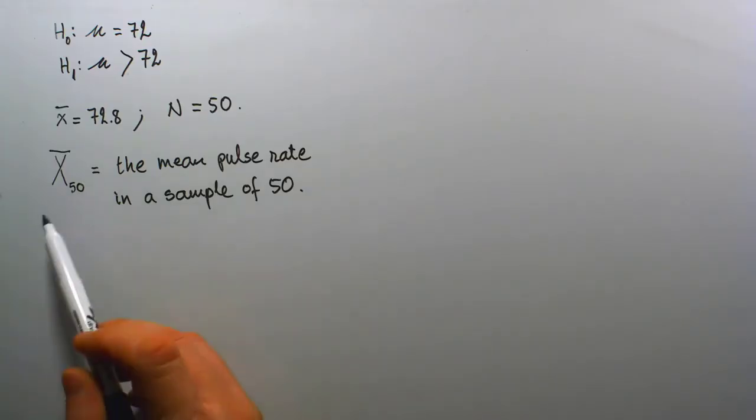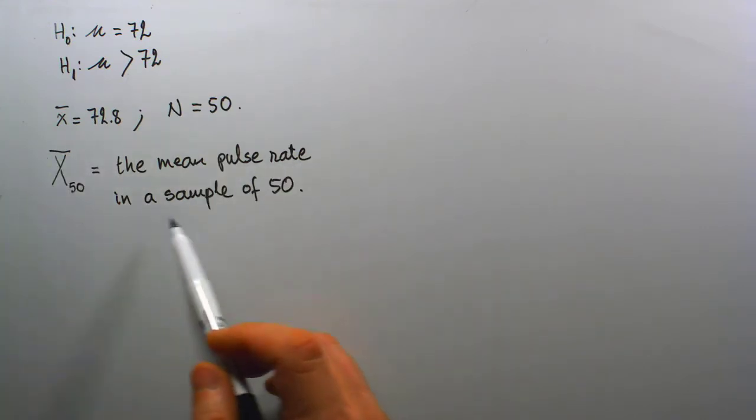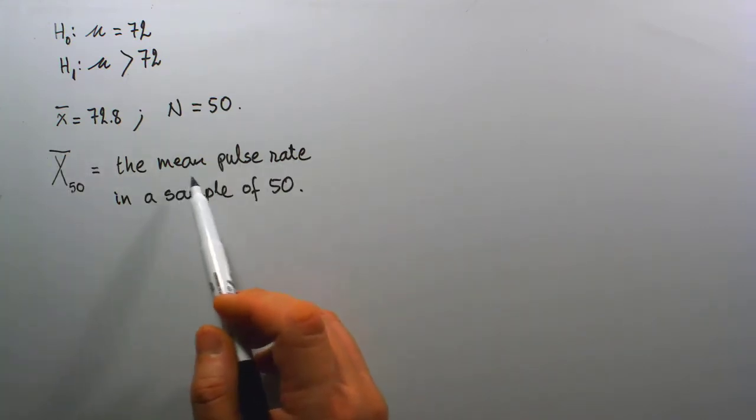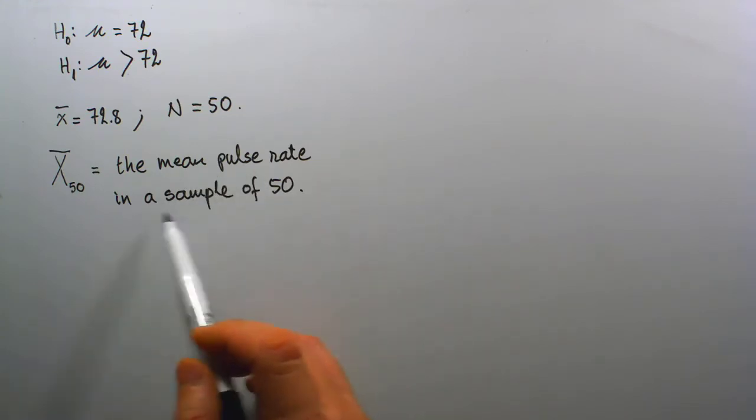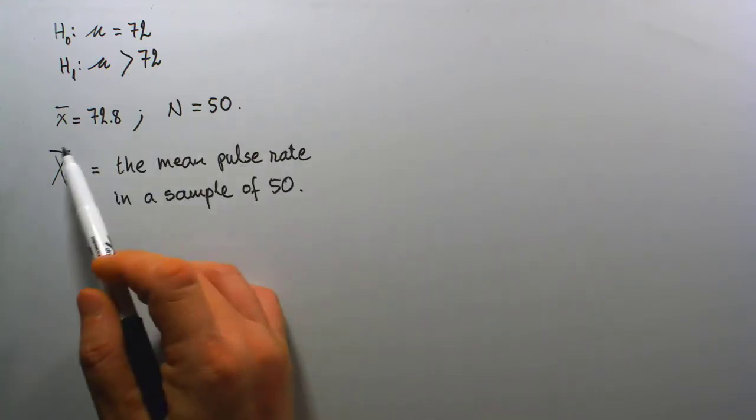Once we have defined this random variable to represent the mean pulse rate in any sample of 50 people, this is, in other words, an entire population of sample mean values.